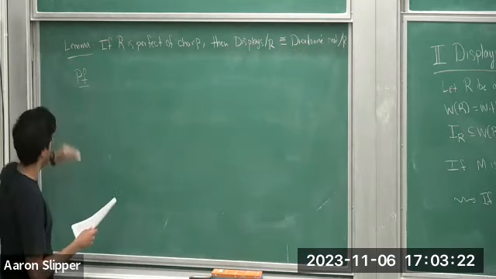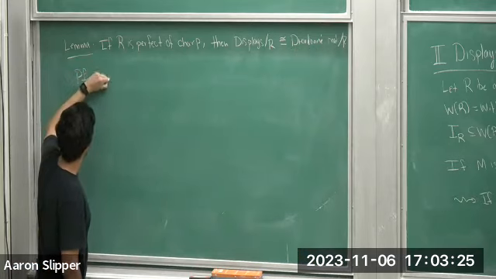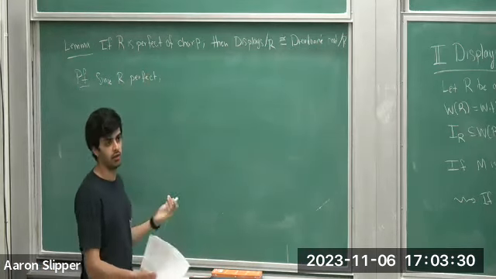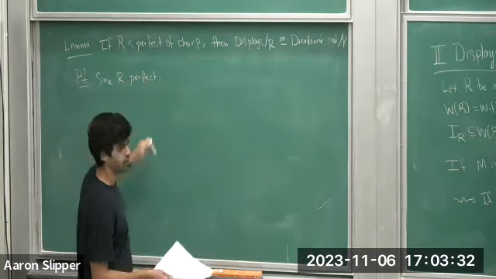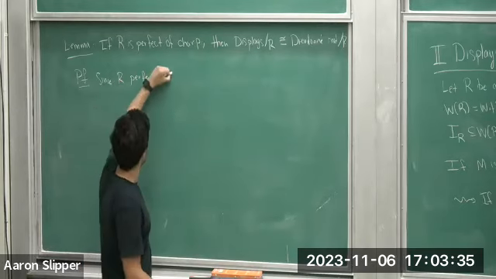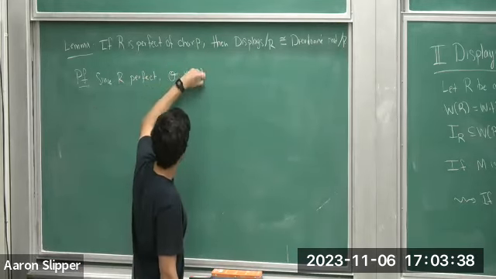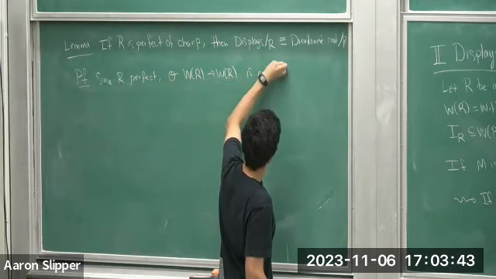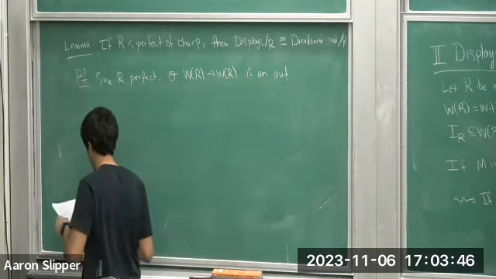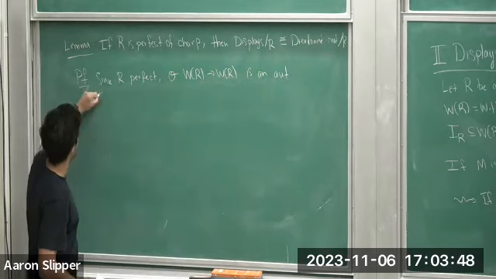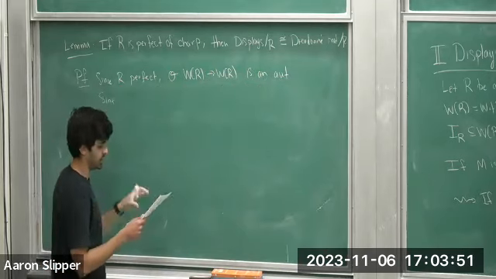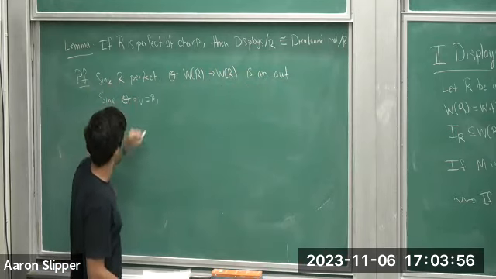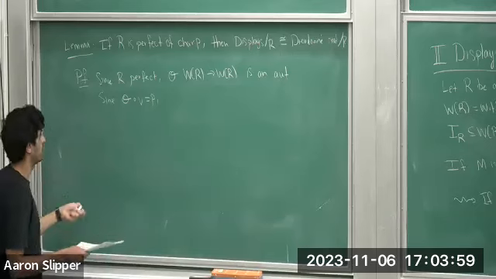Since R is perfect, the Frobenius on the Witt vectors is an automorphism, because it's just induced functorially from the Frobenius on R. Furthermore, since the Frobenius times the Verschiebung is p, we can deduce that W(R) is p-torsion free as well.